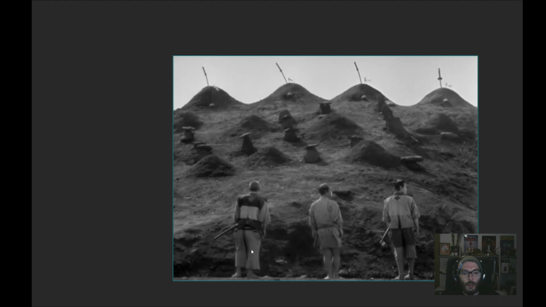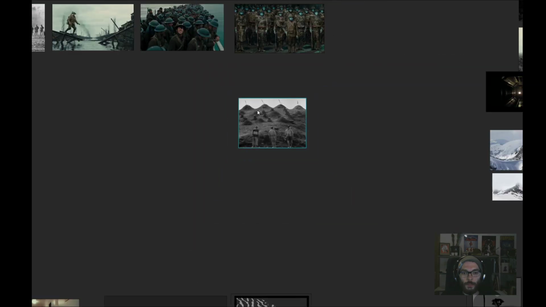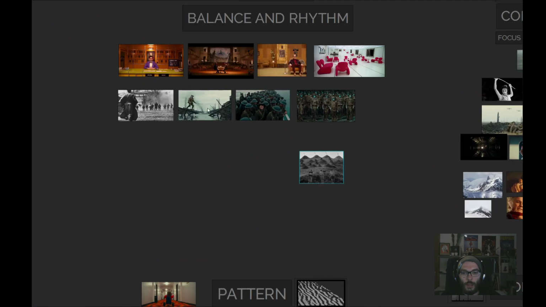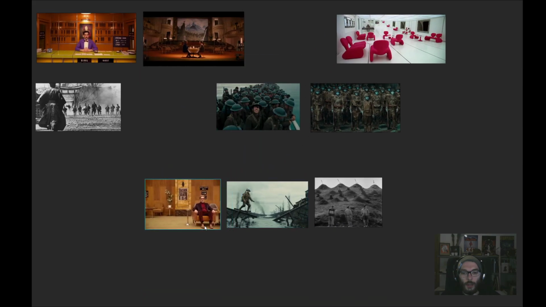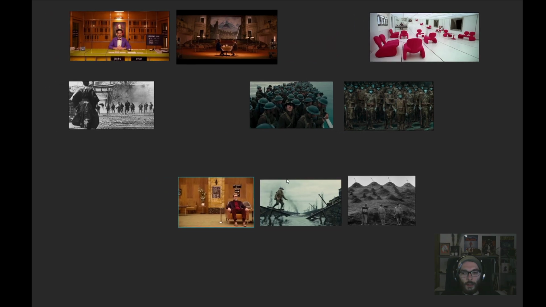In some ways it feels peaceful. The guys are standing still against all those elements that are repeating in the background. But it can also cause discomfort. It can cause kind of a sad emotion.